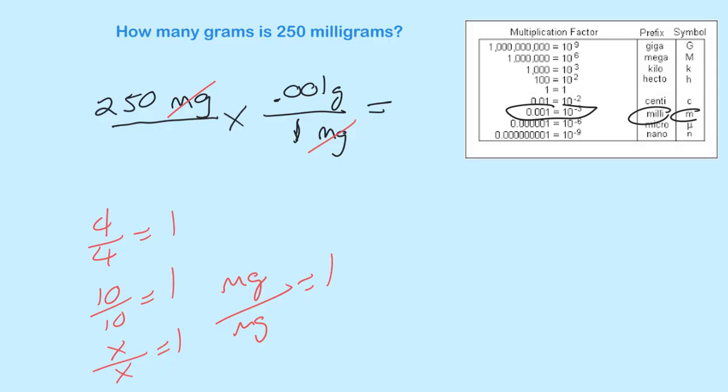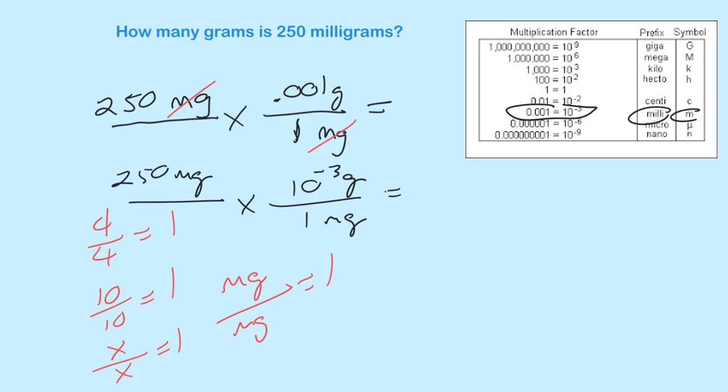Now, you can write it like that, or you can write it as 10 to the negative third grams. Whichever is easier for you to put in the calculator when you're first learning this is the way to go, but they both mean the same thing. So then I just multiply 250 times 0.001, and then that's divided by 1.